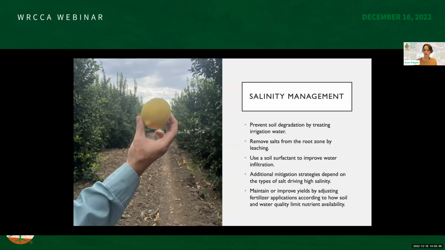All right, so then salinity management, I've been mentioning some of those strategies as we go. The first is figure out whether you should treat your irrigation water. And then always remember, the only way to get rid of the salts is to leach them.